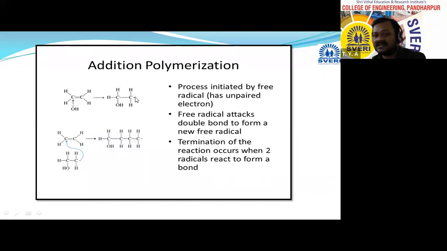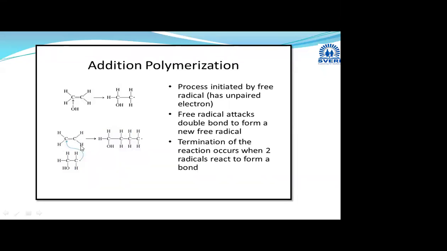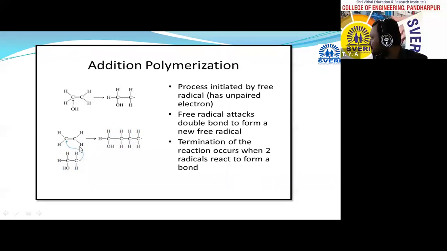Okay, initially here it is CH2 double bond CH2. This is your initial compound, or this is your monomer. I am taking one example. Suppose from addition polymerization, polyethylene material is formed. Polyethylene means the carry bags you are using.